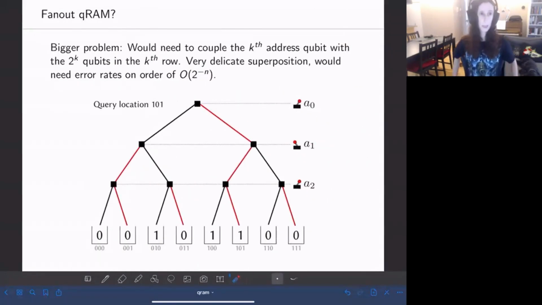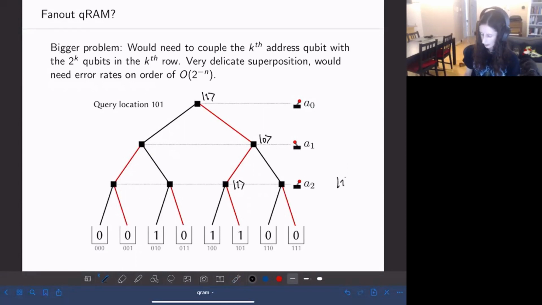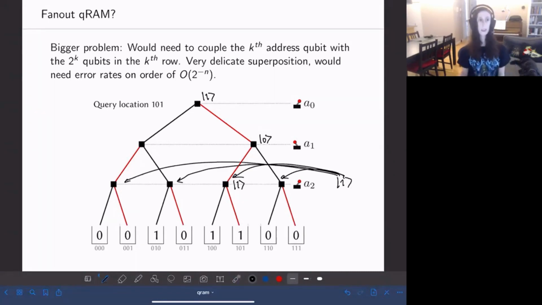Now here's, I guess, a bigger problem if you wanted to translate that model directly into a qRAM. For example, maybe you want to put qubits at every point that tell you whether or not to go left or right. But to do that, you would have these address qubits. And this address qubit would have to couple with all of the qubits in that row, essentially.